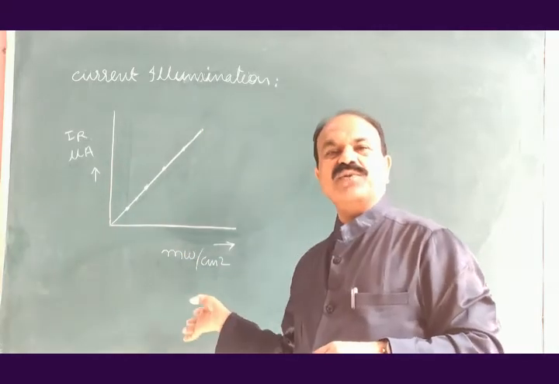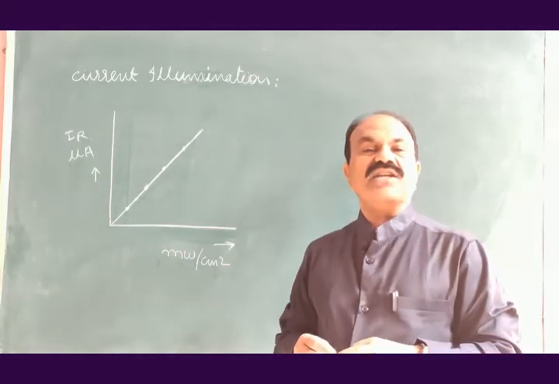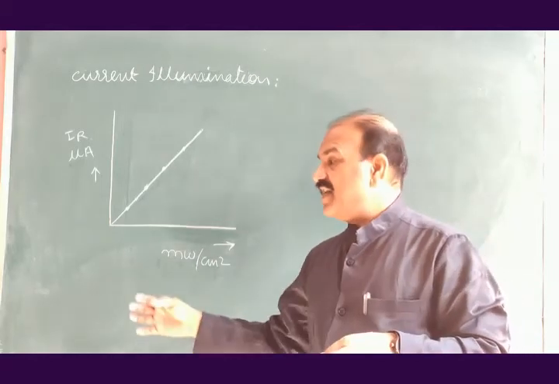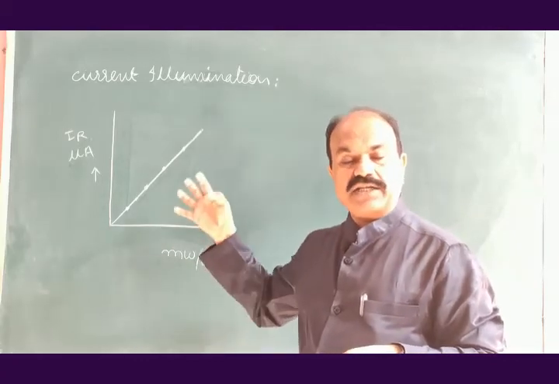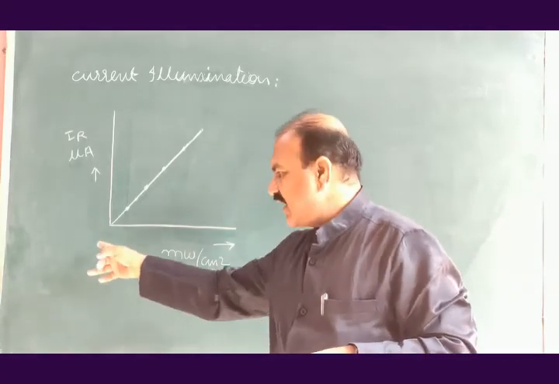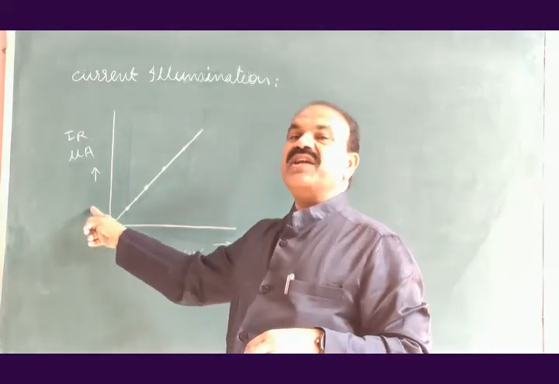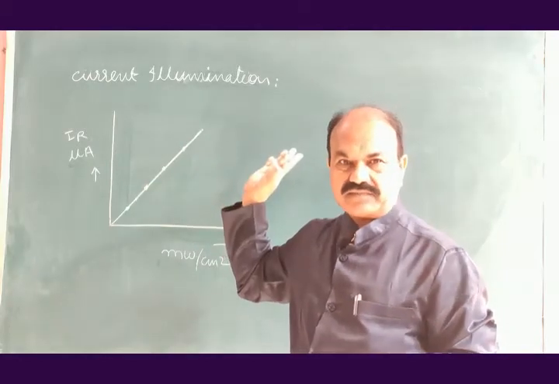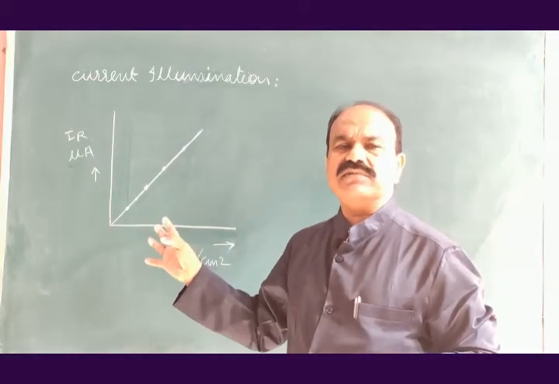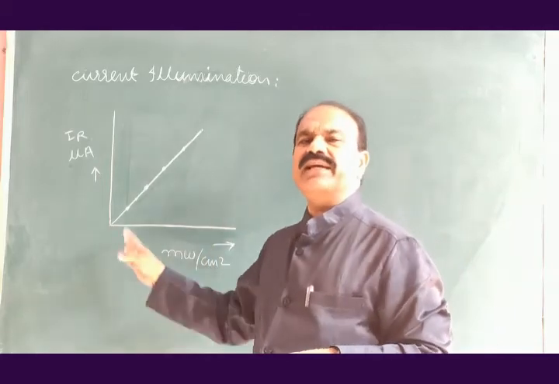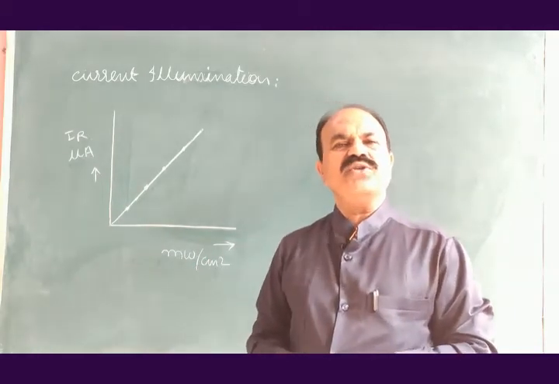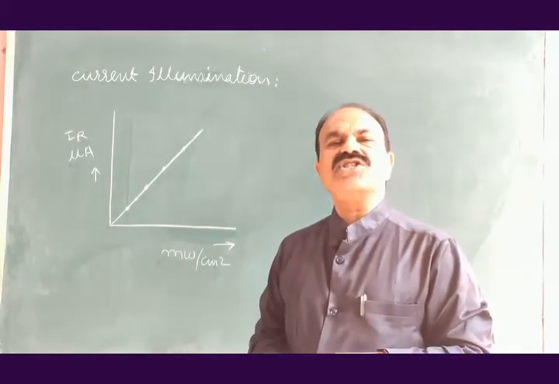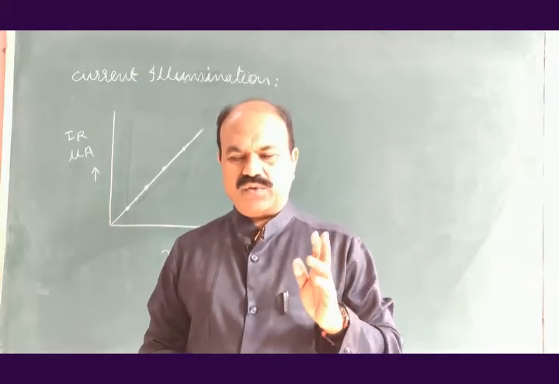Such characteristics of a photodiode are known as current illumination characteristics, which is a graph between the intensity of light falling on the photodiode taken on x-axis and the corresponding current flowing through the photodiode taken on y-axis.